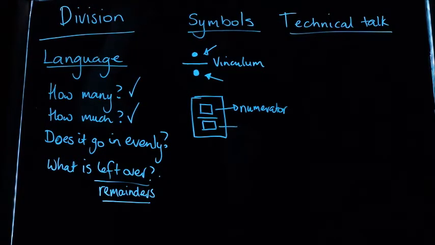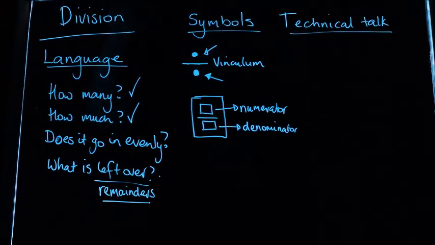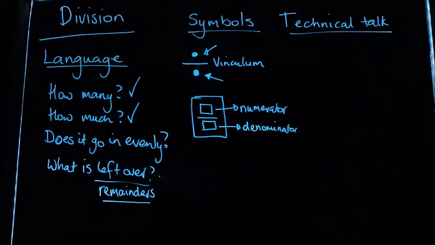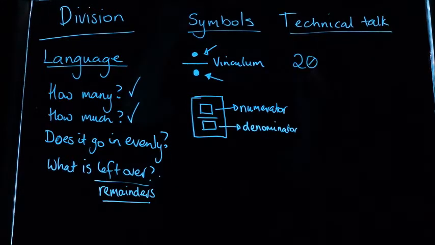And this box here is the number on the bottom, the number that goes underneath the line, and if we're talking about fractions, we'd call this a denominator. So there's a big link when you're doing division between these two things. I see division as just working with fractions. Okay, keep it simple.